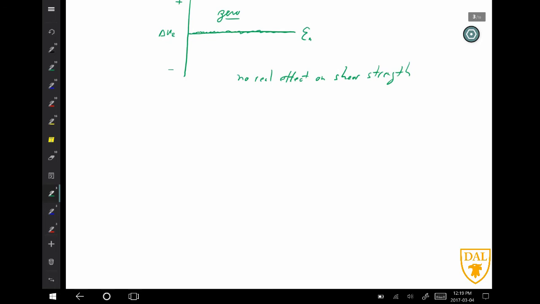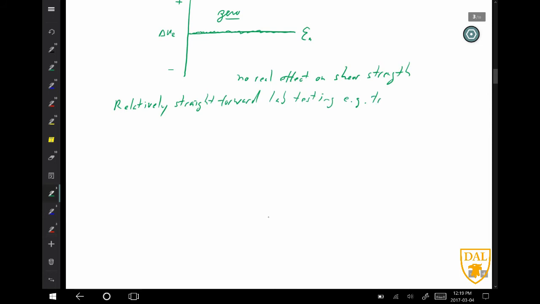Okay. So, what are the practical implications of this? Well, it's relatively straightforward lab testing. To get the drained parameters, triaxial, or direct shear, or something like that. And we use the drained shear strength parameters, or effective stress parameters.